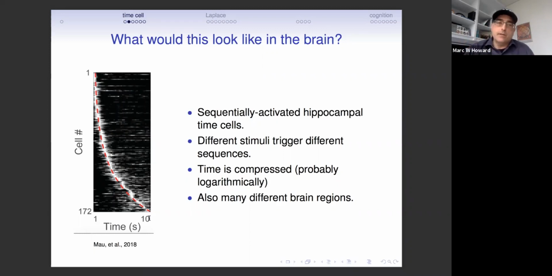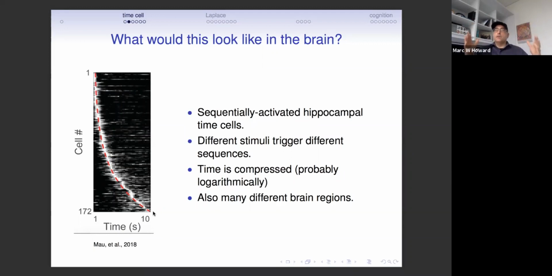I'm going to argue that the time axis, as we proposed a while ago, is compressed such that it doesn't have equal accuracy for different parts of the temporal past. I'm going to argue it's probably a logarithmic compression, although you could fight about that. You can actually appreciate really rapidly that the time axis ought to be compressed to the extent that you appreciate that there's a curvature here in this population of cells.